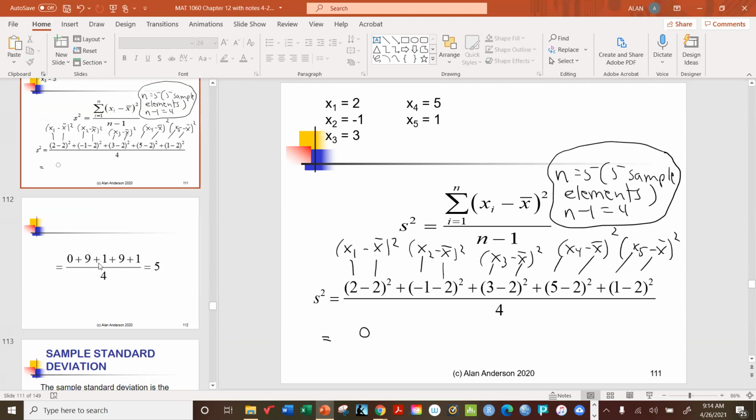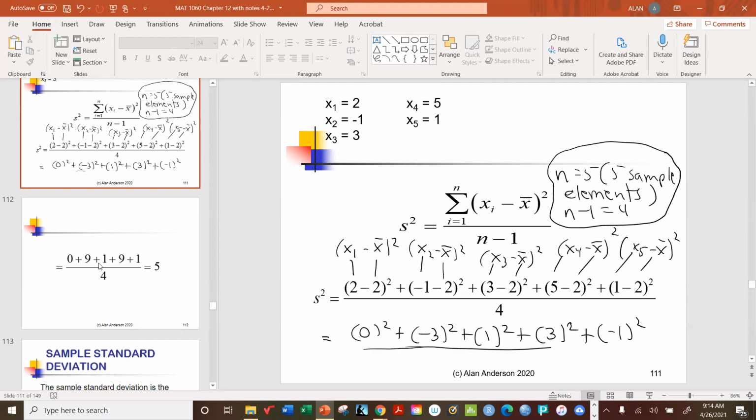That means you've got 0 squared plus minus 3 squared plus 1 squared plus 3 squared plus negative 1 squared, all divided by 4. Now that shouldn't be too hard. Or at least let's say it'll make it harder to make mistakes. Once that's done, of course, you'll calculate the squares and then add them up and divide by 4.